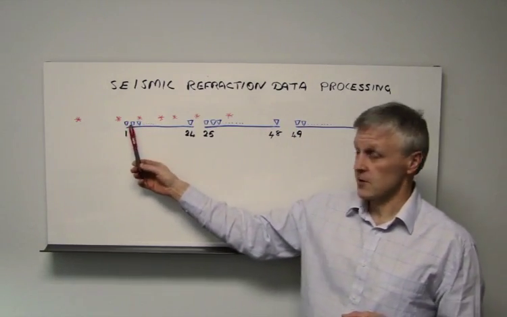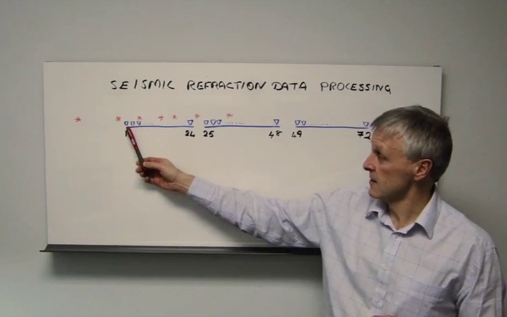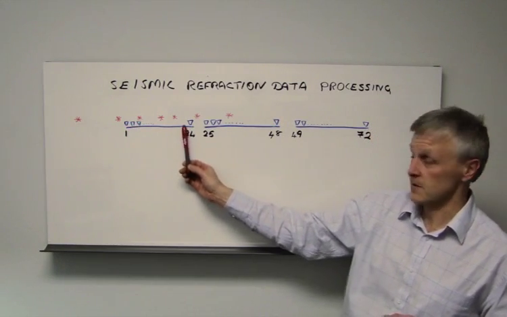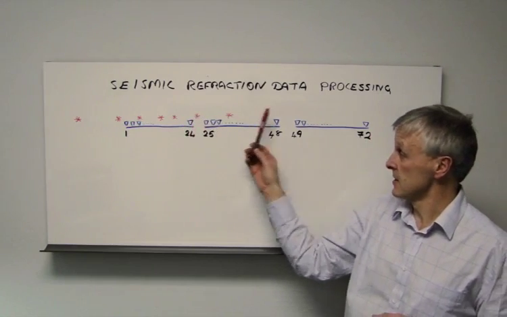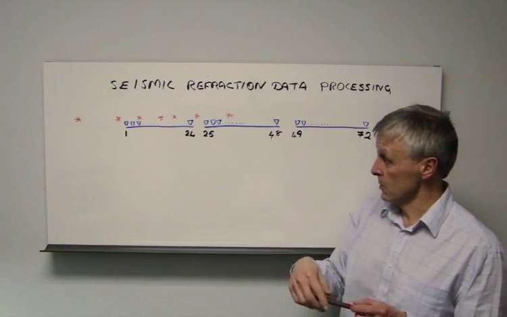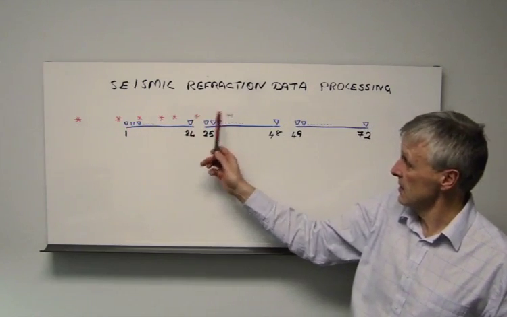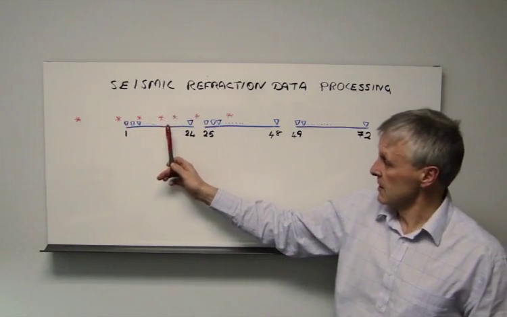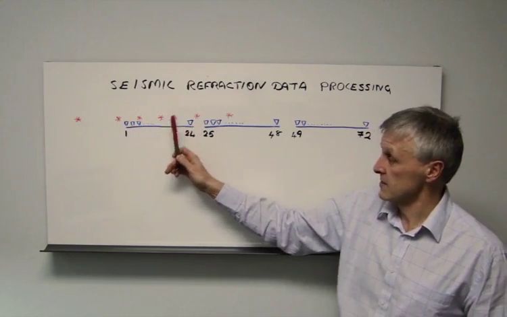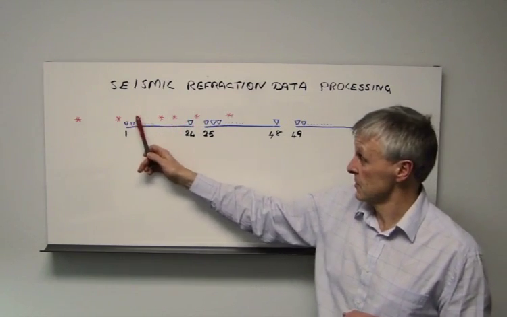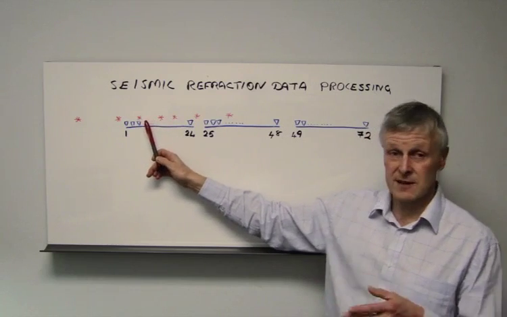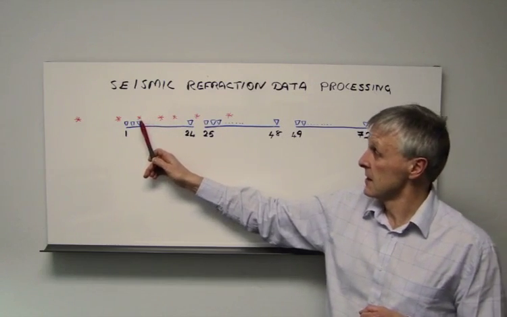For brevity, I've shown here diagrammatically only the first 3 geophones, but of course there are 24 in each of these cases. Also, the red stars that I'm showing here are my shot points. On each of these 24 channel spreads I have 7 shot points, which I've shown diagrammatically in roughly the positions where they were in the field.